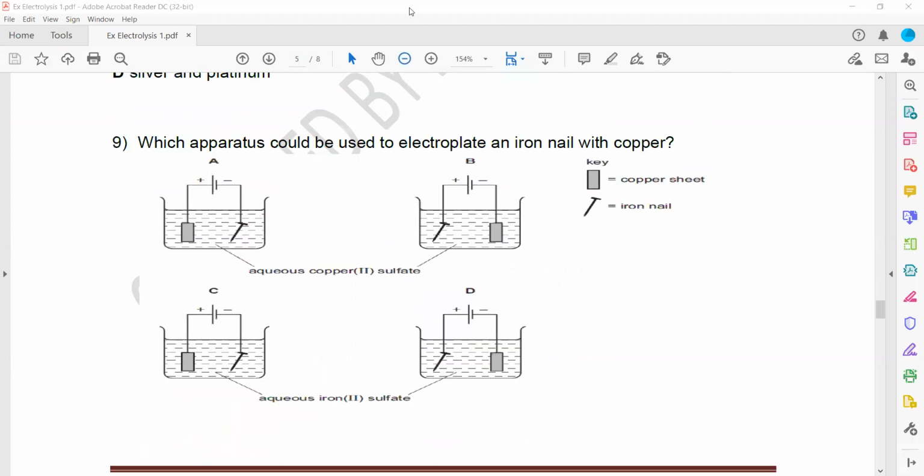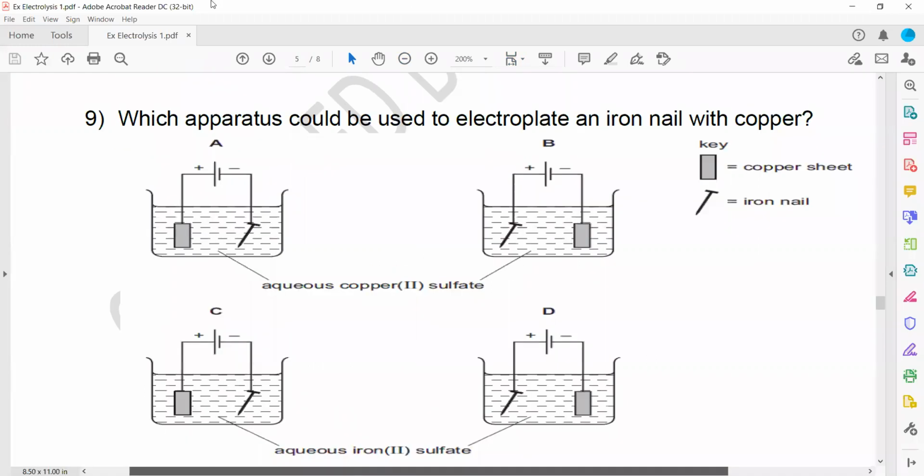Which apparatus could be used for electroplating an iron nail? So when we are doing electroplating, the anode should be made up of the metal which we want as the layer.